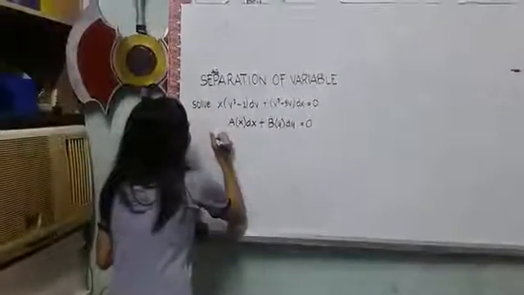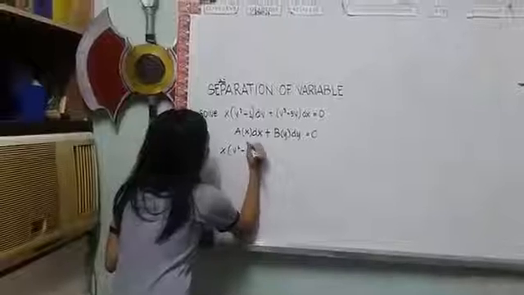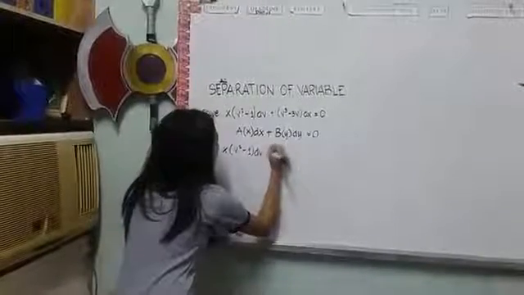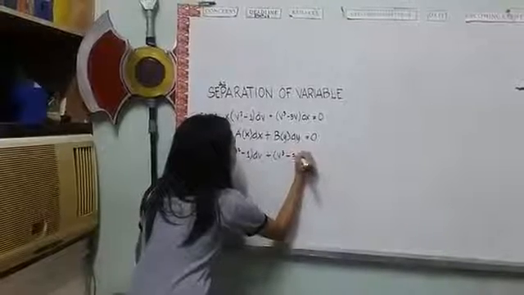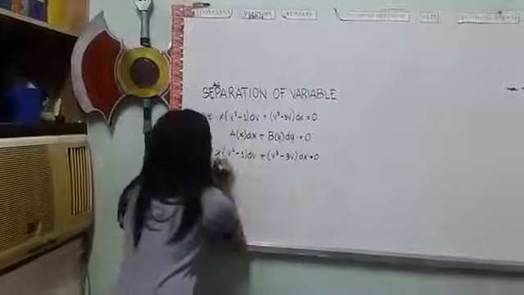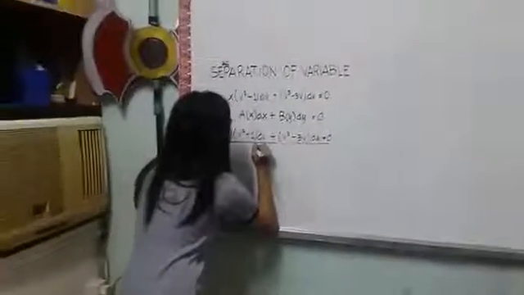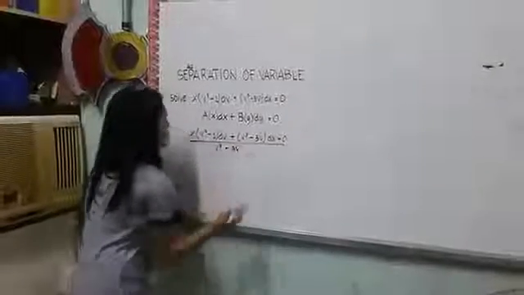So x times the quantity v squared minus 1 dv plus the quantity v cubed minus 3v dx equals 0, divided by v cubed minus 3v.